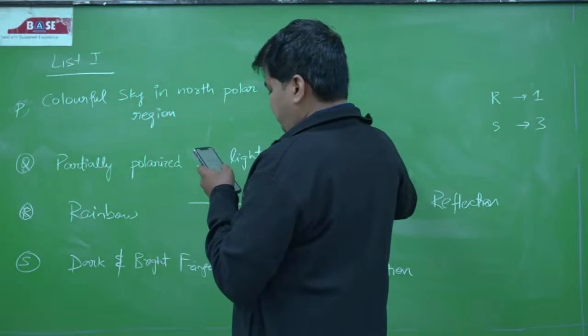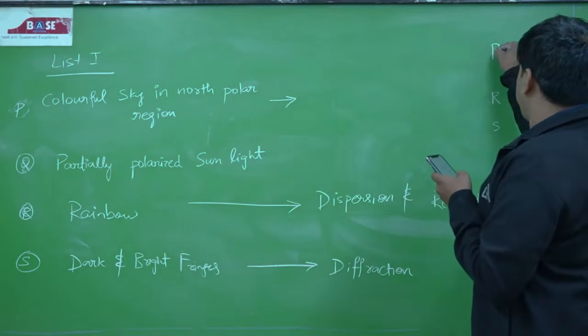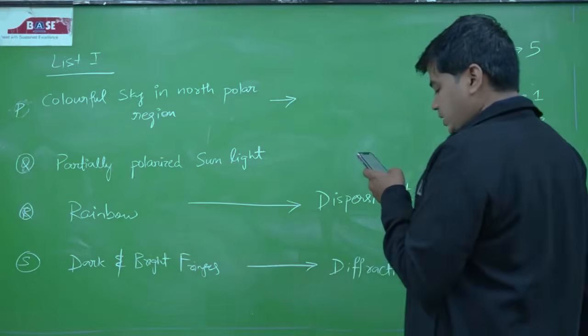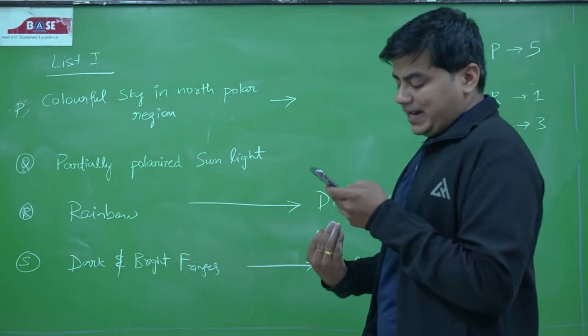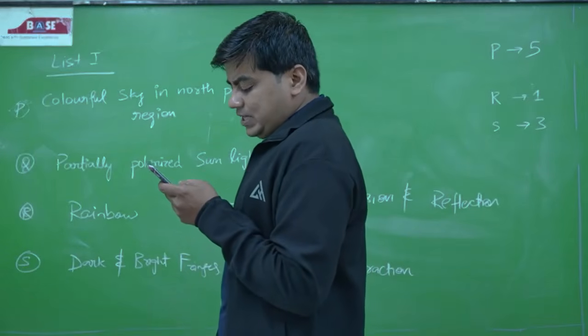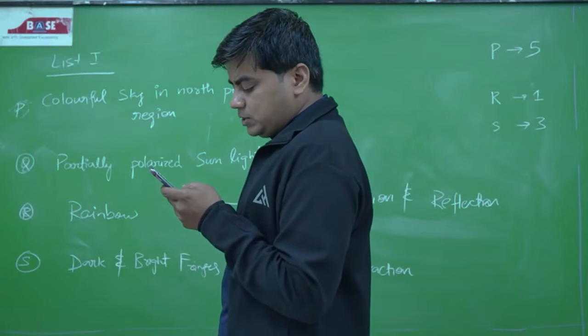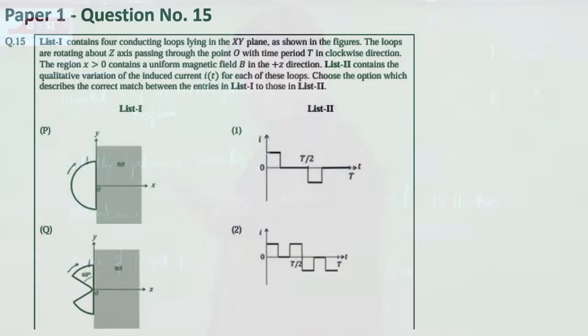So this P answer becomes 5. You can also do reverse engineering and eliminate. In option B, Q is given as 2, which is not possible. Partially polarized sunlight is not due to total.